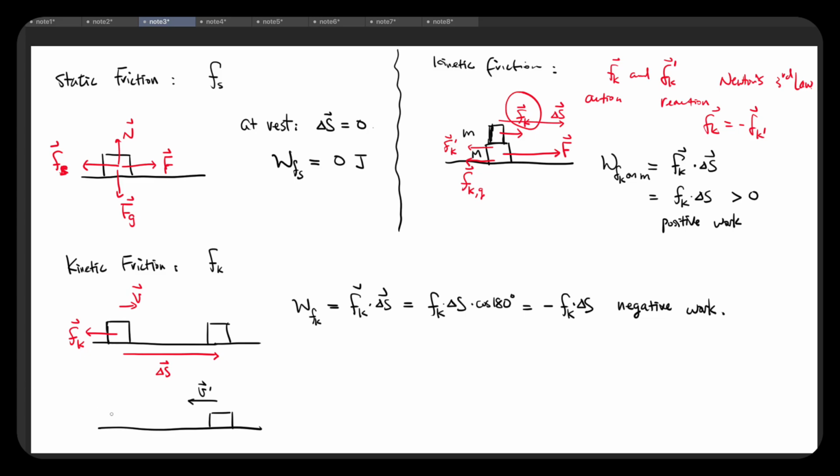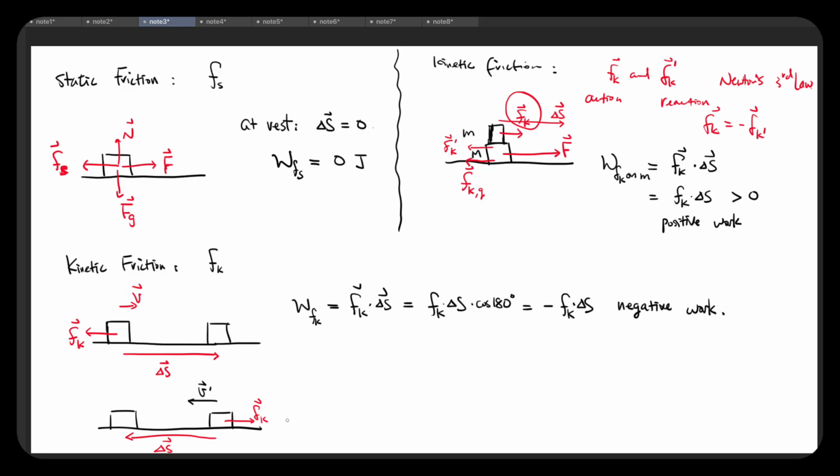Now in this case, we're going to talk about the object's displacement this way. That's delta S, okay? This delta S has the same magnitude as the previous delta S, but in the opposite direction. Now in this case, when the object slides back, the friction force is to the right. It will change direction according to the relative velocity direction, right?